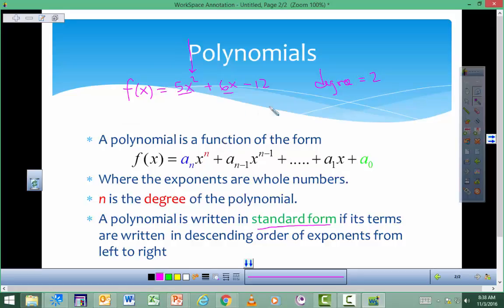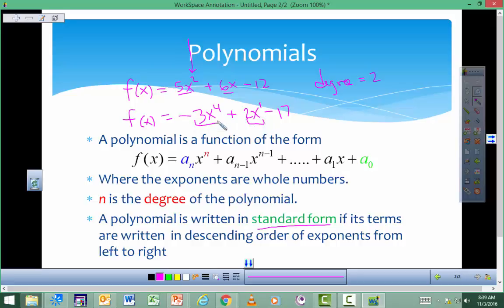And so, if you have another polynomial that looks like this, just make one up here real quick. The degree on this one would be degree 4. It's the exponent that is the biggest. And now notice the degree of this monomial is 1.